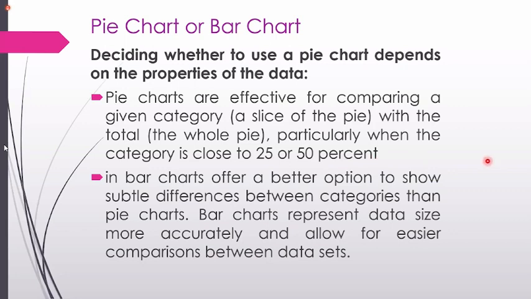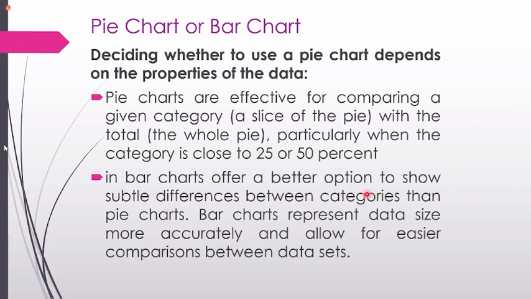If a percentage is very small, like 0.002% or 0.05%, it is very difficult to compare, because the area of the sector will be very minute. So when percentages are close to 25 or 50%, the pie chart is the most preferred method, and you can easily compare the given category with the total.